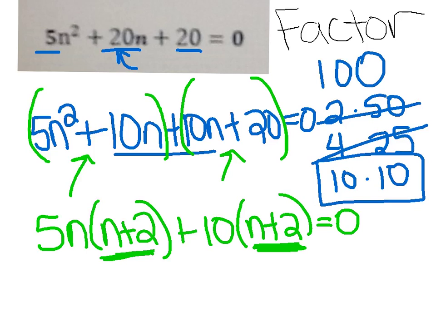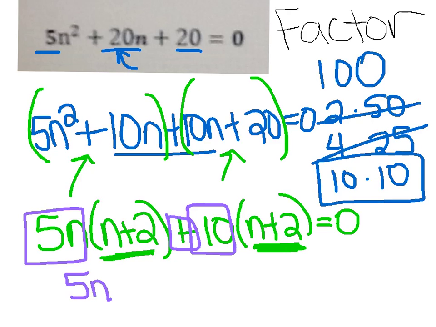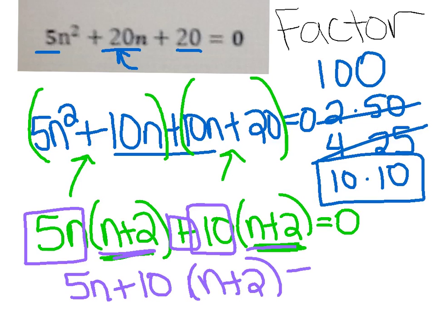So we take what's outside of the parentheses, 5n and 10, and put them together. So we will have 5n, and there's a plus sign, so it'll be plus 10, multiplied by, we have an n plus 2 and an n plus 2 equals 0.